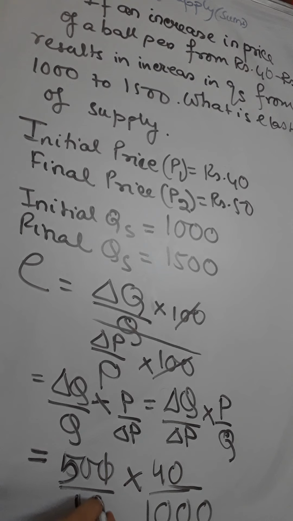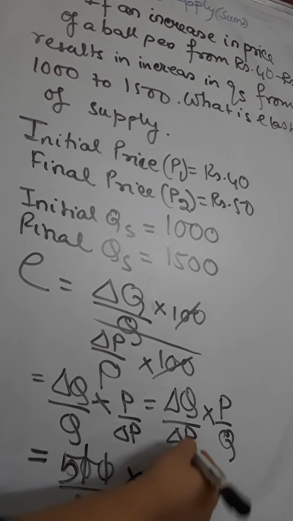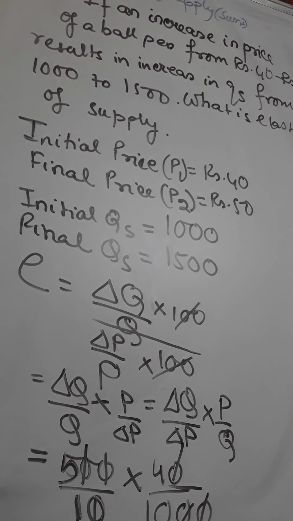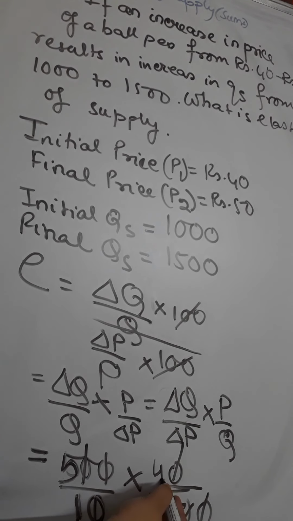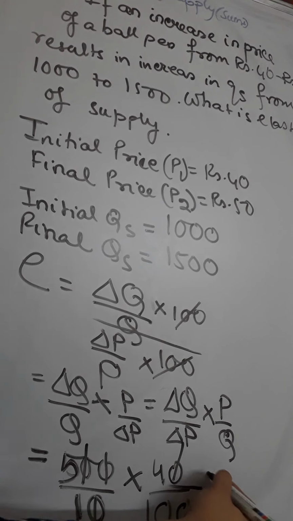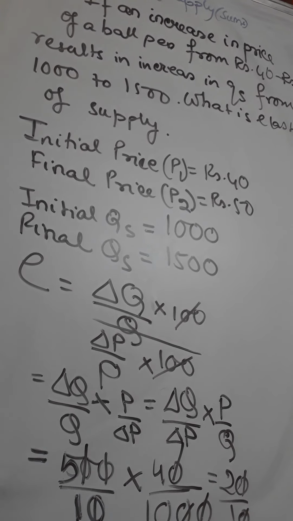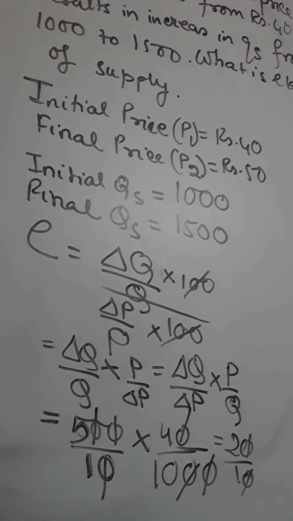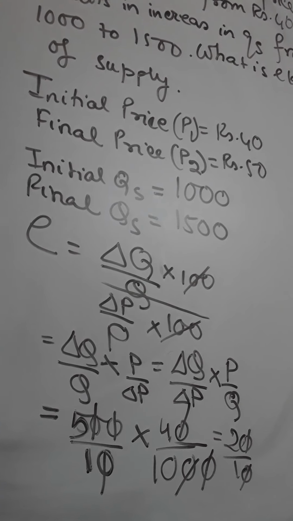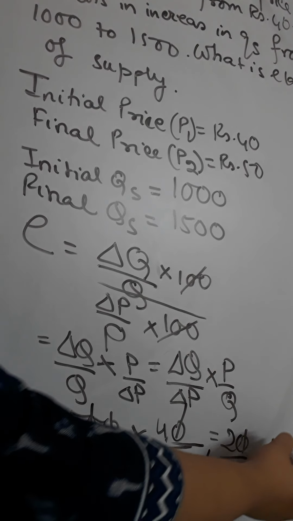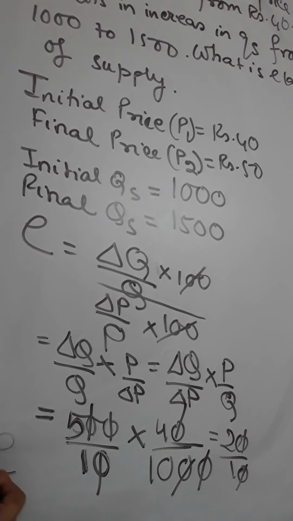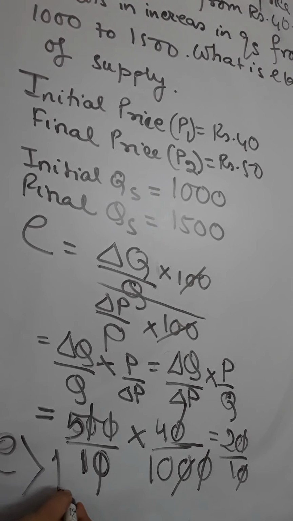So the zeros got cancelled. So now we have 5 4s are 20 by 10, that makes it 2. So the elasticity value is 2, it means that elasticity is greater than 1.